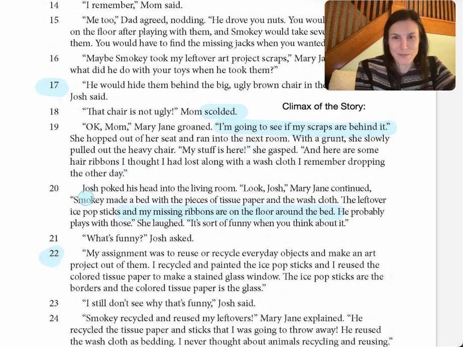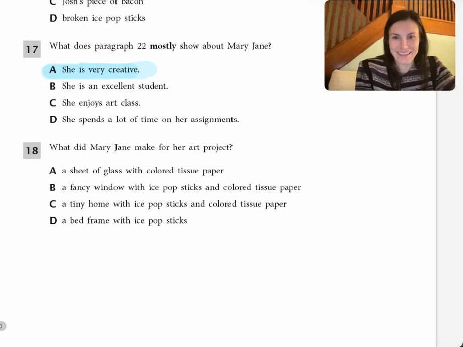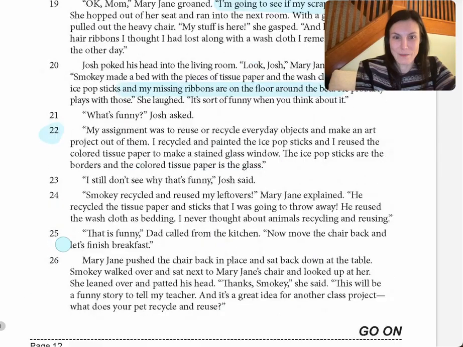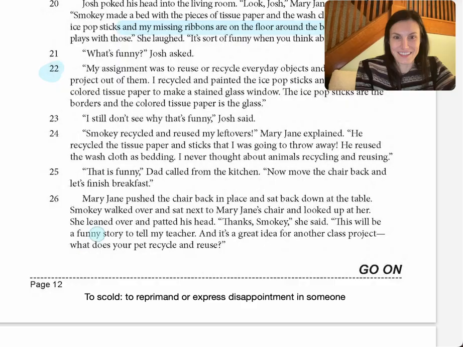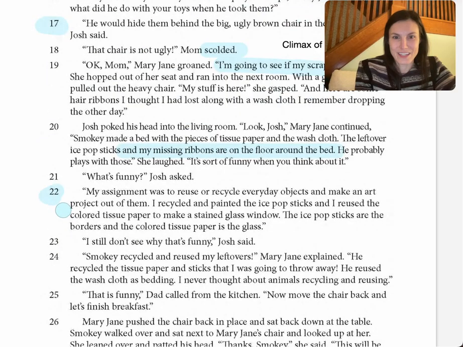Here are the scraps." Wait, Smokey made the bed. Wait. This is what Mary Jane made for her art project. We want to try to find where she says. She does have a stained glass window, and the borders and the colored paper is the glass.